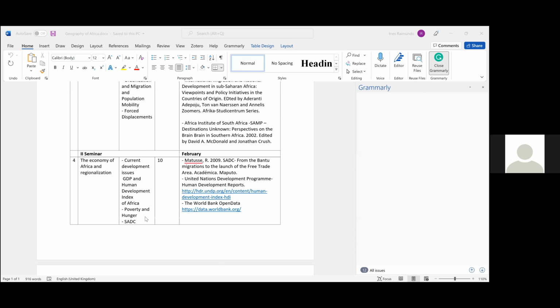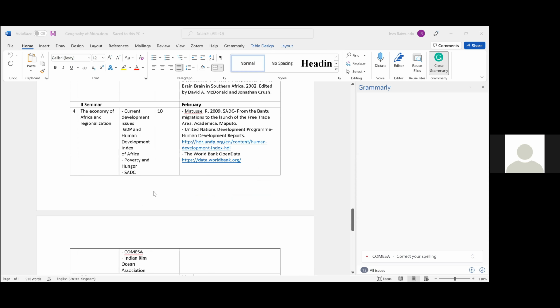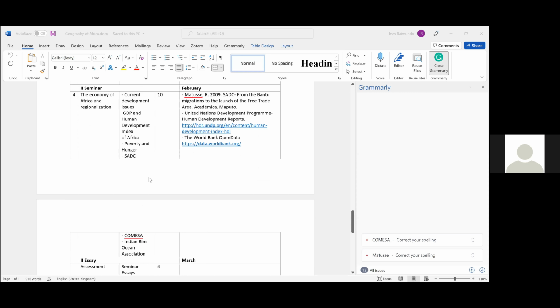And in terms of regionalization, I think these three regional organizations will represent what I'm going to talk about. We have SADC, which is Southern Africa. We have COMESA, which is Eastern Africa.